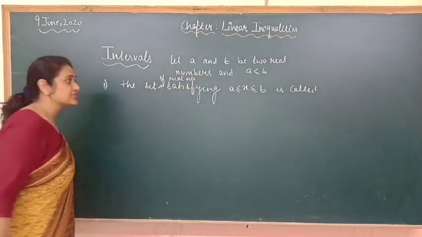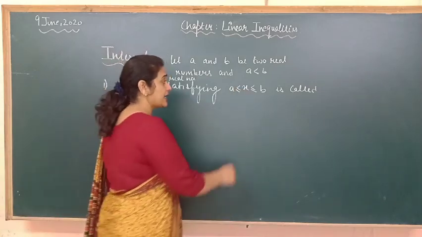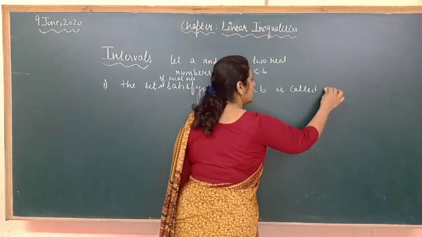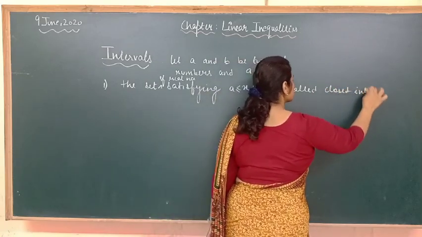The set of real numbers satisfying the inequality x greater than or equal to a and less than or equal to b is called a closed interval.